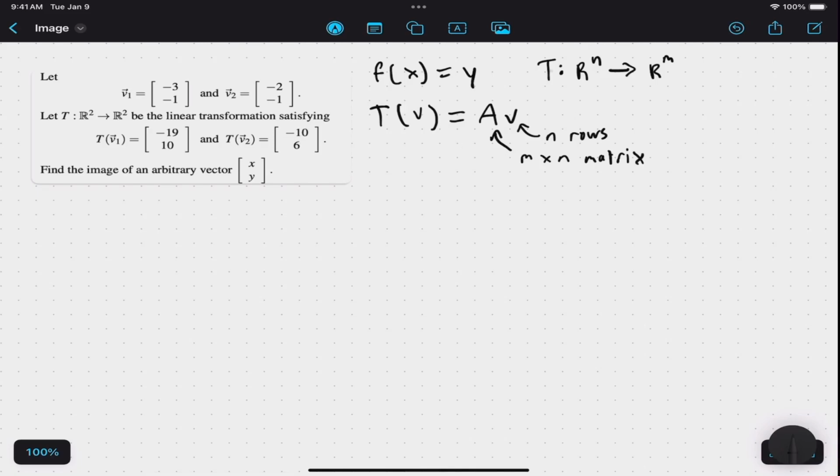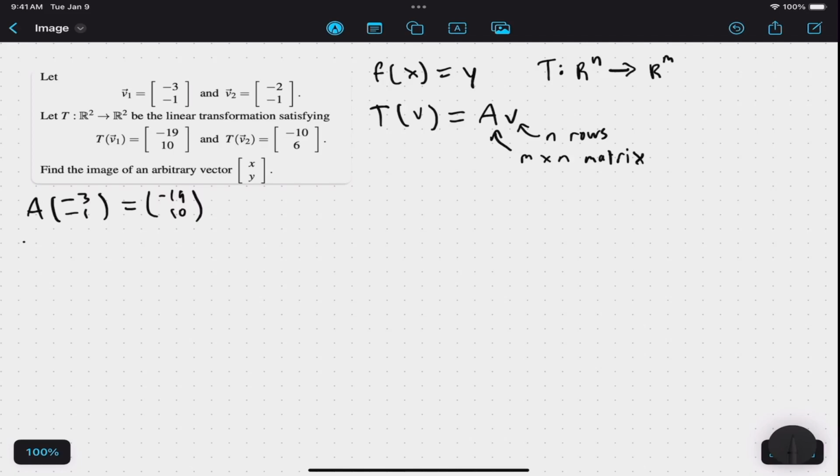So applying this concept to our example, we have matrix A times our input vector -3, -1 equal to the output -19 and 10. We know the dimensions of A have to be m by n, well, m and n are both 2 in this case.